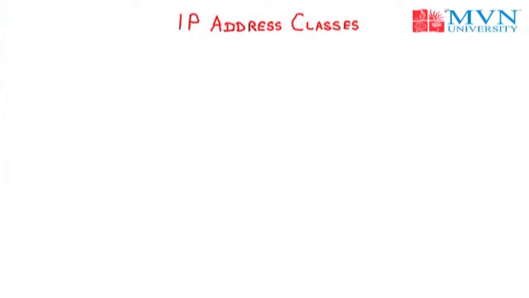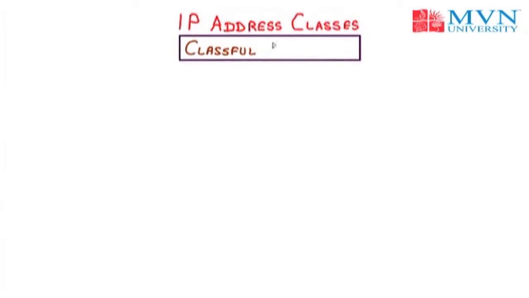So an IP address, or IPv4 address, is divided into particular classes, that is 5 types: class A, B, C, D and E. This is also called classful addressing. So in classful addressing, or IP address classes, we divide the IPv4 addresses into 5 types.